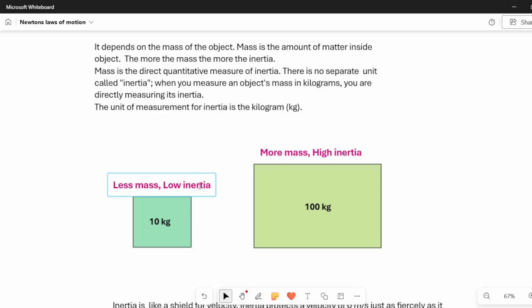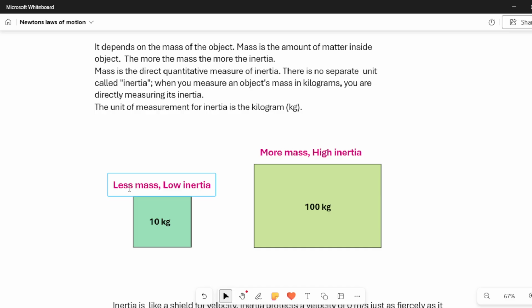So the unit of mass is kilograms and so the unit of inertia is also kilograms. So hope you understood. We get inertia by measuring the mass. For example, if we have 10 kgs of mass, that means your inertia is also 10 kgs. That much resistance it will give.